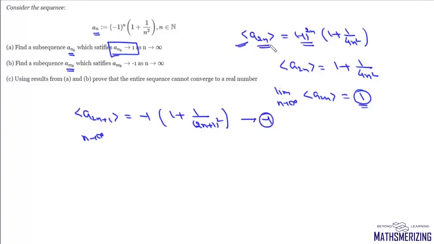So sequence of even terms, it converges to 1, and sequence of odd terms, it converges to minus 1. Now since two subsequences of a given sequence, they converge to two different limits, that means this entire sequence, it cannot converge to a real number. That is, the sequence an, it is not a convergent sequence.